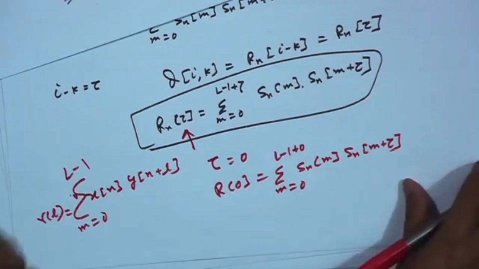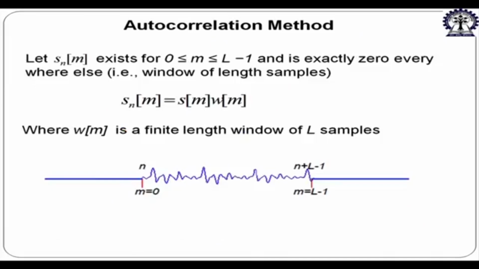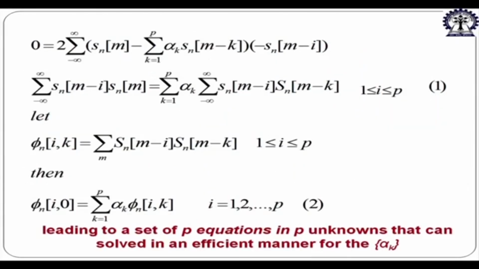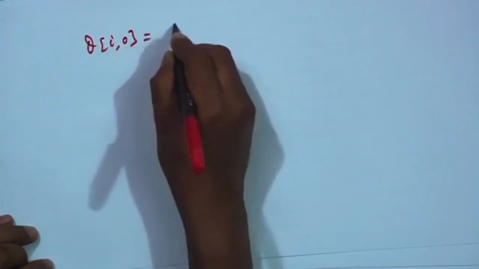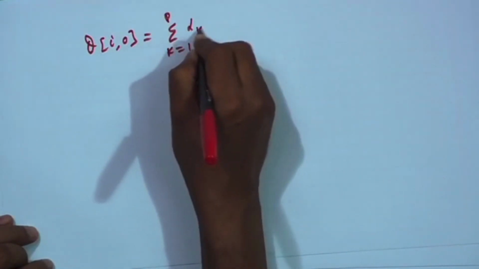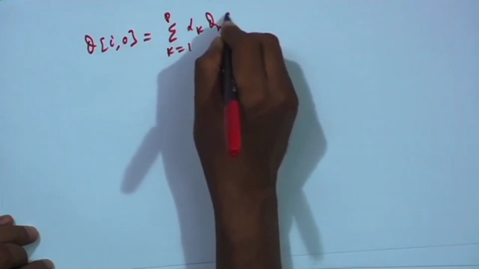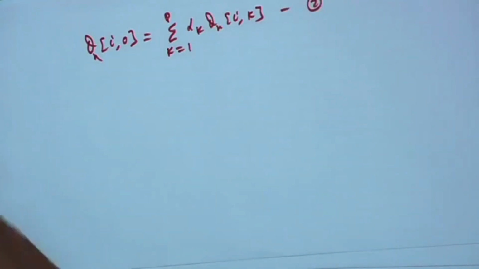Okay. So, let us take equation 2. Equation 2 is phi_n(i, 0) equal to the sum from k equal to 1 to p of alpha_k phi_n(i, k). This is equation number 2, which we have already derived.